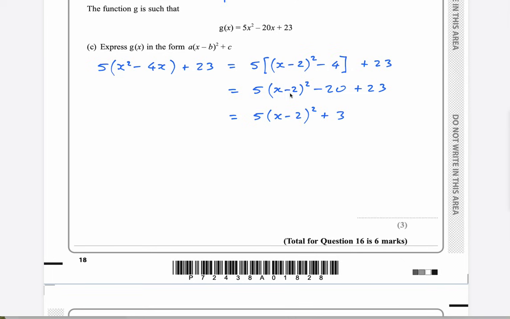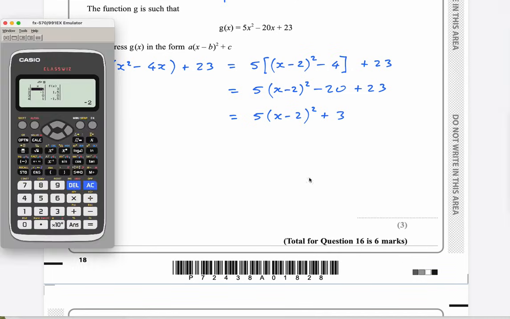That is the answer. The quick way, guys, to do this is we go to menu, we go to equation, we go to polynomial, we go to degree 2 because it's a quadratic. We type in the quadratic, 5, negative 20 and 23, and then ignore the first 2.